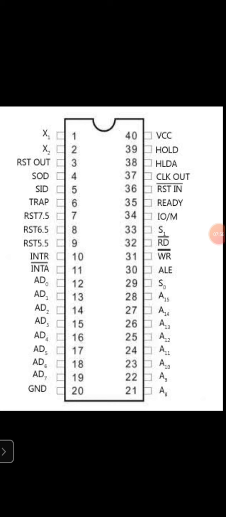These pin functions activate when the pin is at a low signal, that is almost equal to 0 volts. Already we know what the high value is and what the low value is, from set, reset and flip-flops. What is the voltage of high? Plus 5 volts, from digital electronics.